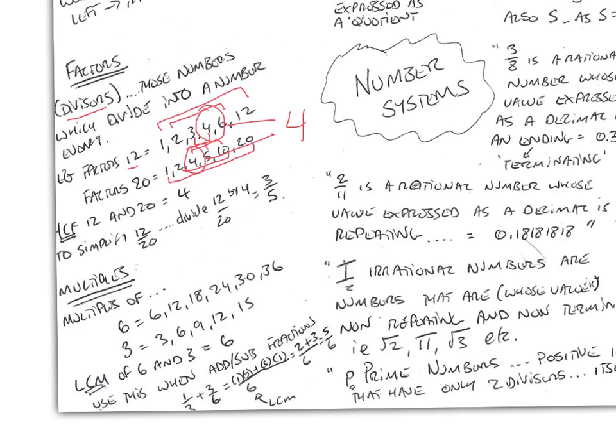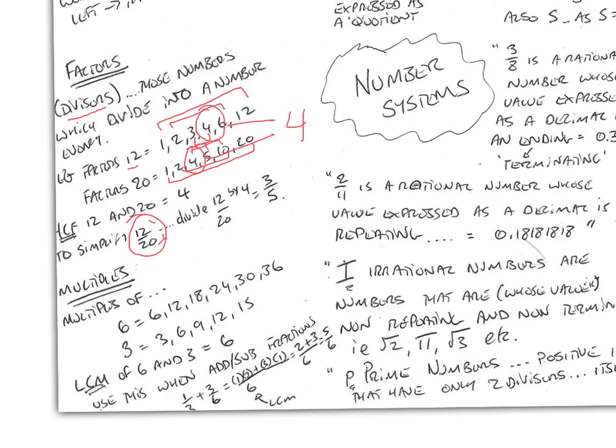And where and why might we use that in maths? Well, we might have a problem where we need to simplify the fraction 12 over 20, and the best way to rewrite that in its simplest form is to divide above and below by the highest common factor of 12 and 20.